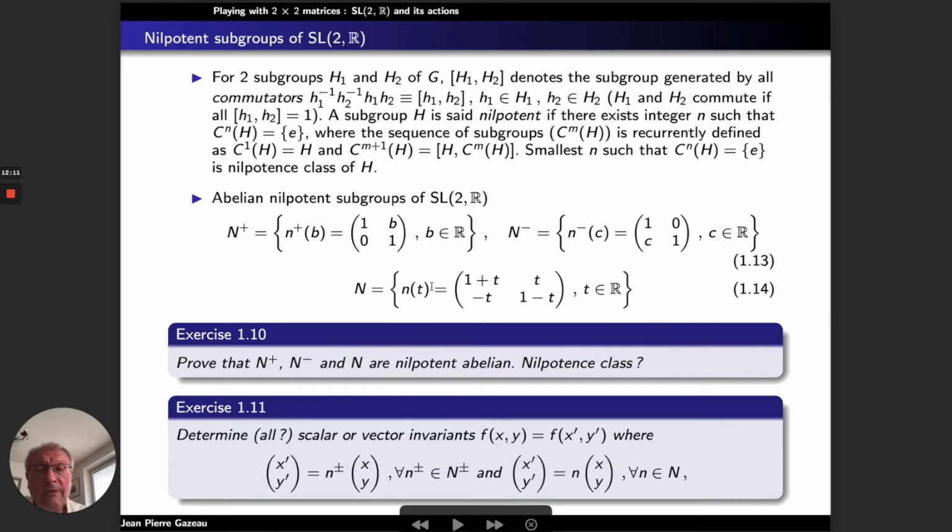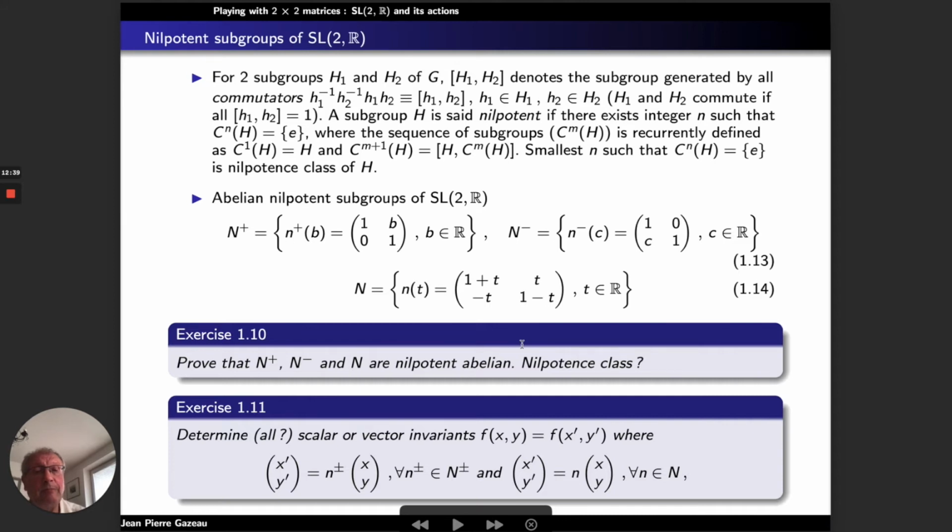It is made of all matrices with a parameter T belonging to R, which have the form 1 plus T, 1 minus T on the diagonal, and T, minus T on the anti-diagonal here. So prove, in exercise 1.10, that N plus, N minus and N are nilpotent abelian.